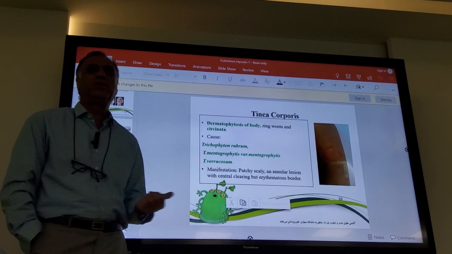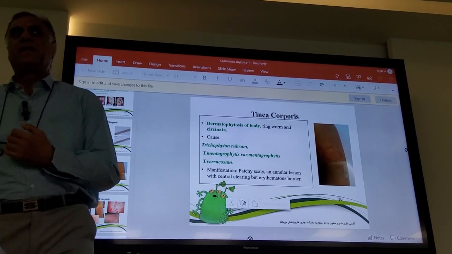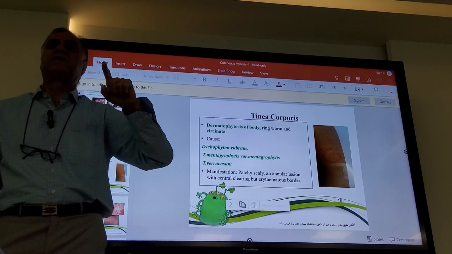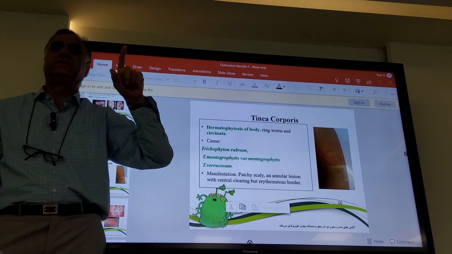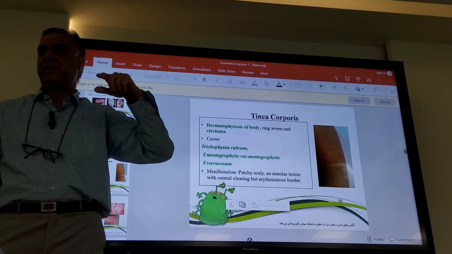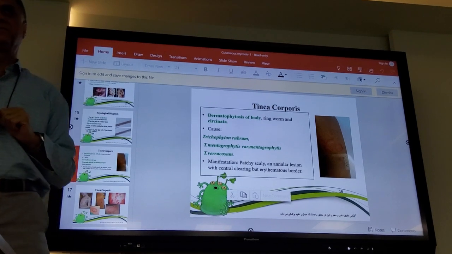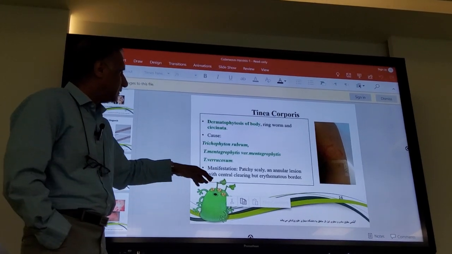Usually in tinea corporis, in ringworm of the skin, you see an annular lesion, a ring form of region, annular region.